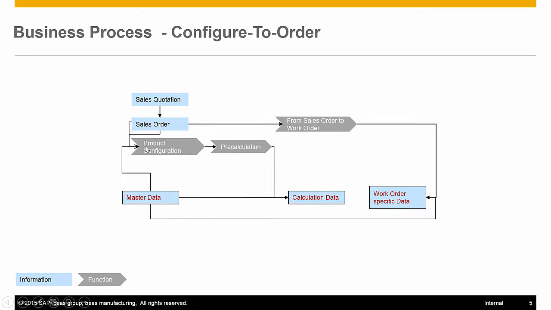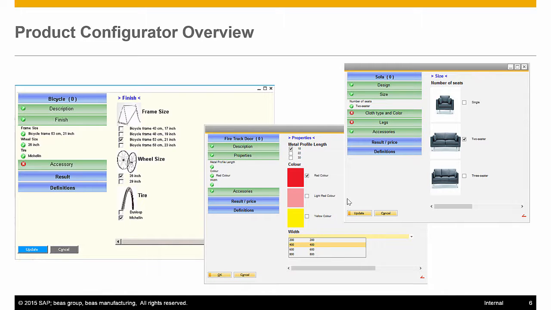Starting from the product configurator, we can open the pre-calculation functionality in beas, make our additional modifications, and at the end, of course, create a work order. So this is the business process we will see today. Let's move now to the system directly to see some of the examples I've prepared, and then we could have a better idea about the possibilities we provide with our solution.